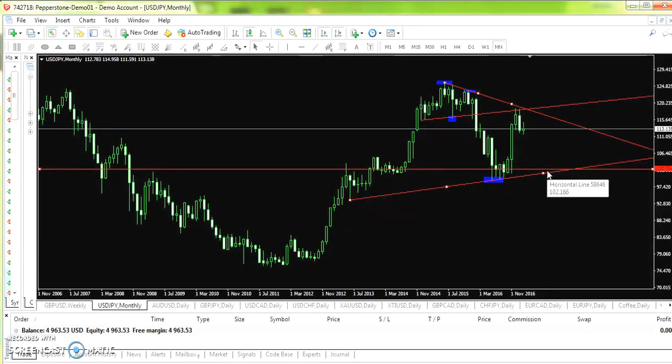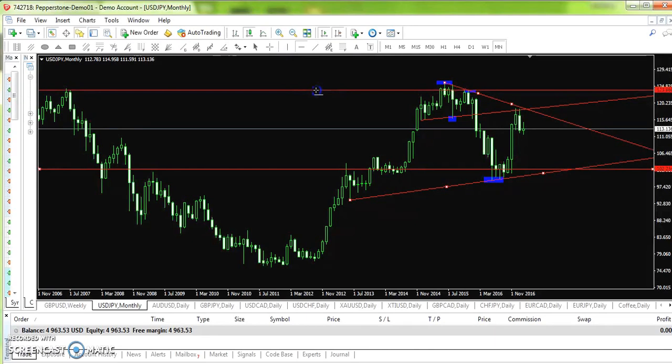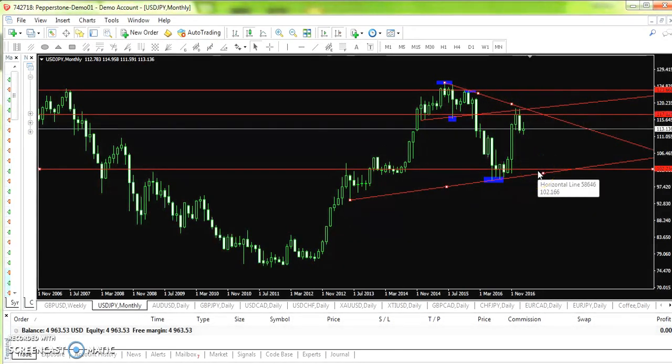So this would be my target, whereas my stop loss would be around this point, right, at 123. So my trade of USDJPY on a monthly basis is go short if you see the market around 117, right, for a target of 102 with a stop loss of 123, right? This is the monthly projection and monthly target of mine with this trade.